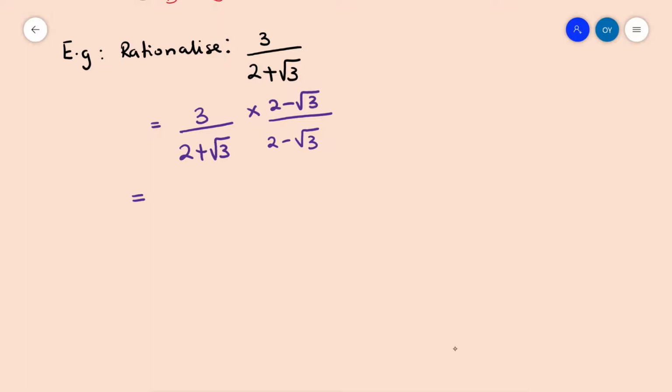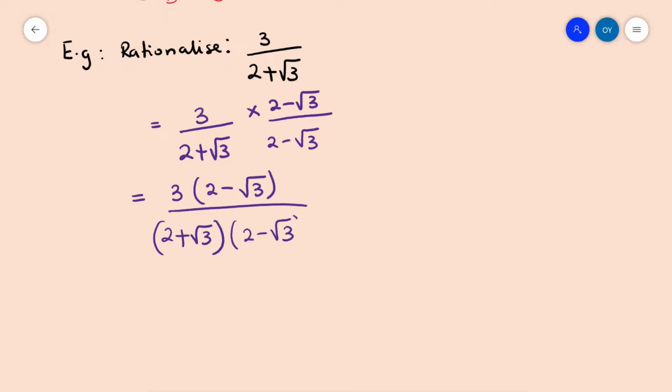So we have 3 multiplied by 2 minus root 3, divided by 2 plus root 3 multiplied by 2 minus root 3. So we expand 3 times 2, we have 6. 3 times negative root 3, we have negative 3 root 3.